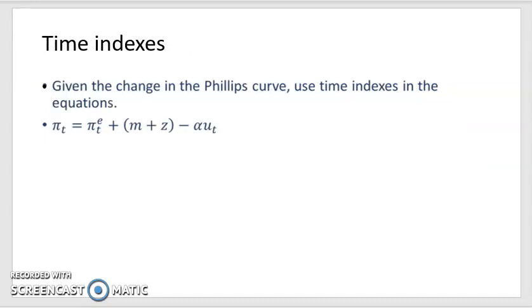So the last step before returning to discussing the Phillips curve is to add time indexes to the equation. When we look at the movement in inflation and unemployment in the rest of this chapter, it will often be convenient to use time indexes so that we can refer to variables like inflation, expected inflation, or unemployment rate in a specific time.